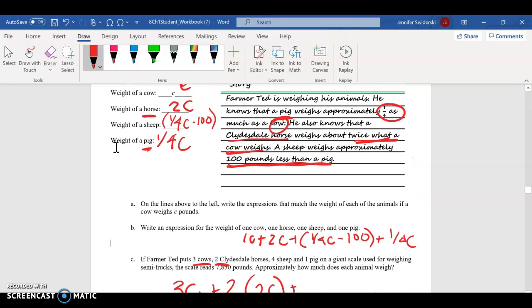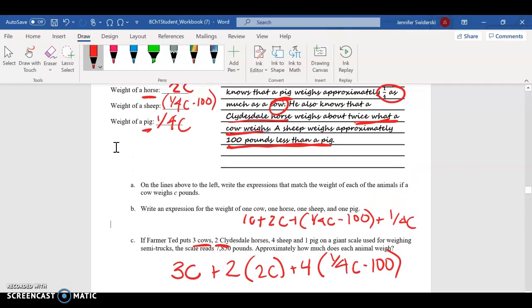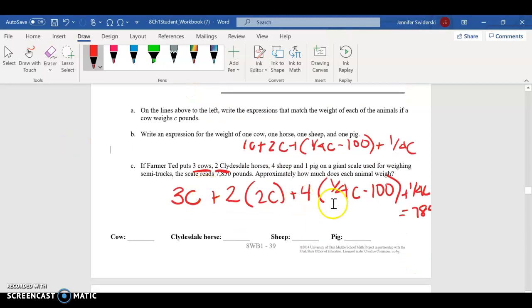Well, 4 sheep, so a sheep is 1/4 C minus 100. Okay, and then a pig was 1/4 C, and they wanted us to have how many pigs? 1 pig, plus 1/4 C. And they want that to be equal to 7,850.